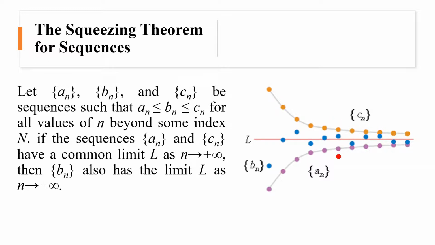If this second sequence lies between these two sequences, and these two sequences are approaching L as n approaches positive infinity, it also implies that this sequence is also approaching L as n approaches positive infinity. Okay, so let's have an example.